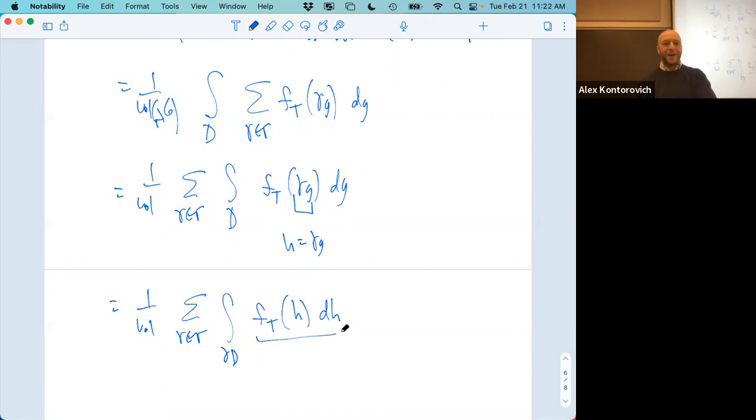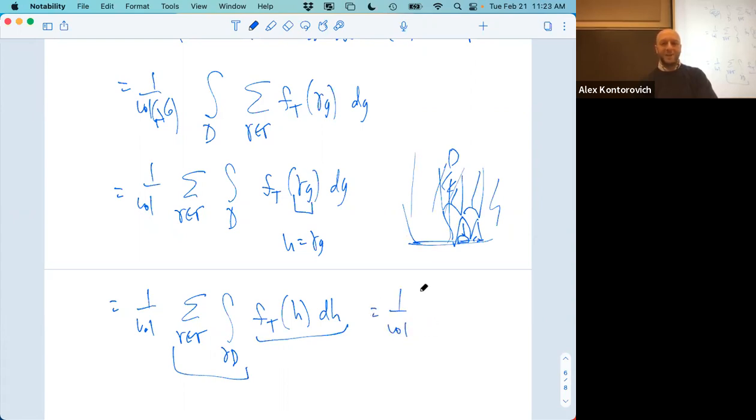Now there's no more gamma anywhere here. When you take your fundamental domain, D, and you start translating it by gamma, you get a tiling of the whole space. So this is 1 over volume times the integral over all of G. This tiles all of G, ft of H dH.